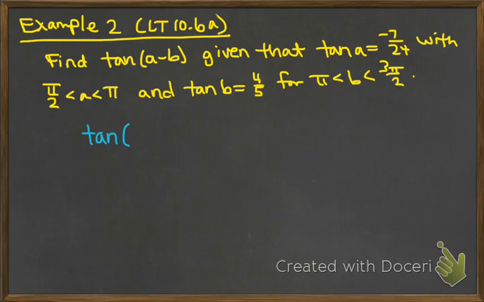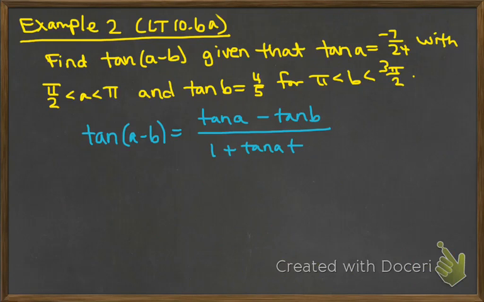So the tangent of a minus b is equal to the tangent of a minus the tangent of b all over 1 plus the tangent of a, tangent of b. I'm just getting that right off of those trig identities that I gave you at the beginning of this video.